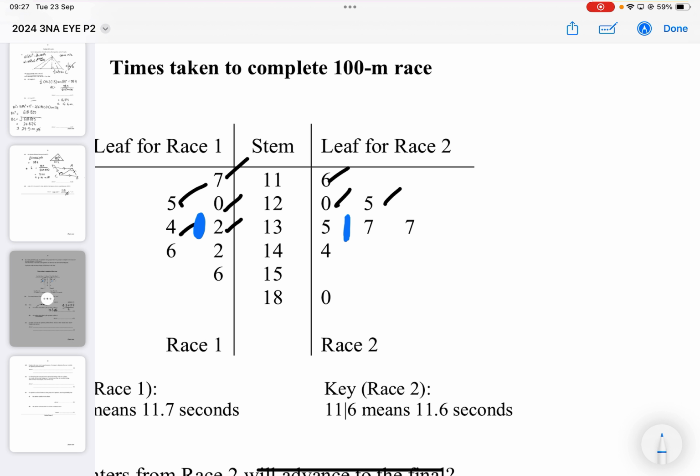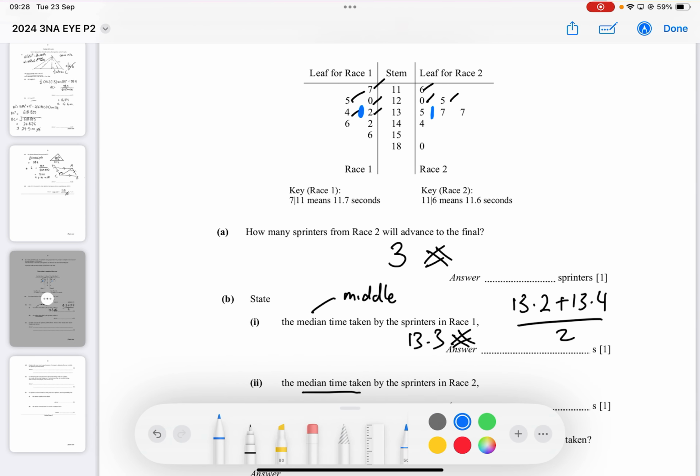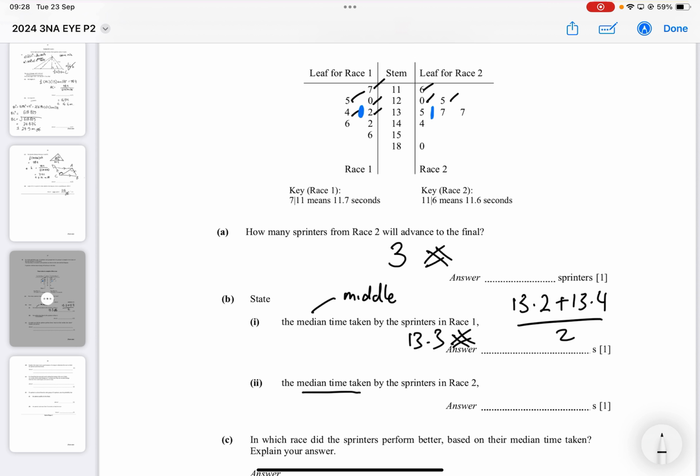We have to take the middle of 13.5 and 13.7. Can you understand? Median means middle. So we take the middle of the 8 entries, which is in between 13.5 and 13.7. So we have to take the average.